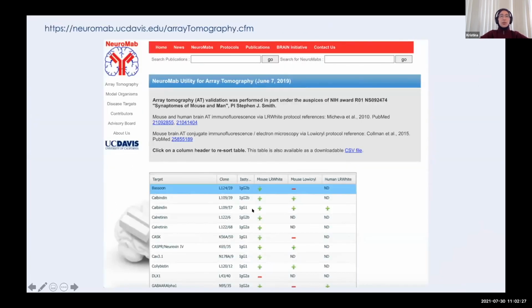The antibodies that we tested in this way are available on the NeuroMab website, where you can see those tested with the different conditions with LR White, and then for some antibodies we continued and tested in Lowicryl and in human. This information is available now on the website, and it's helping us a lot to find the good antibodies.